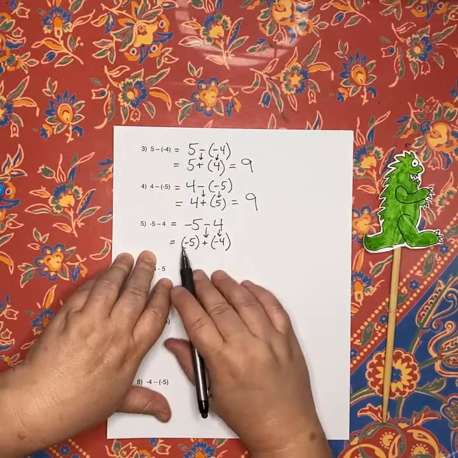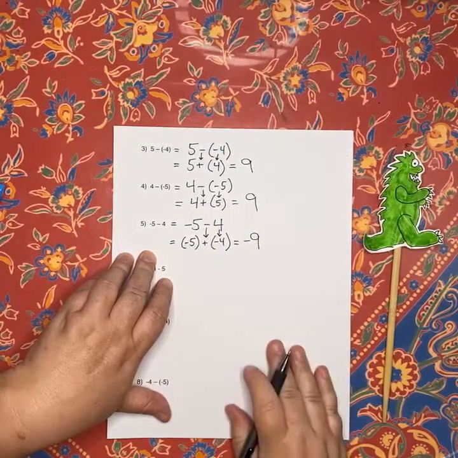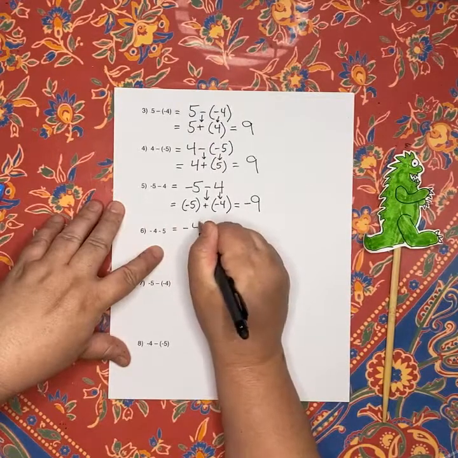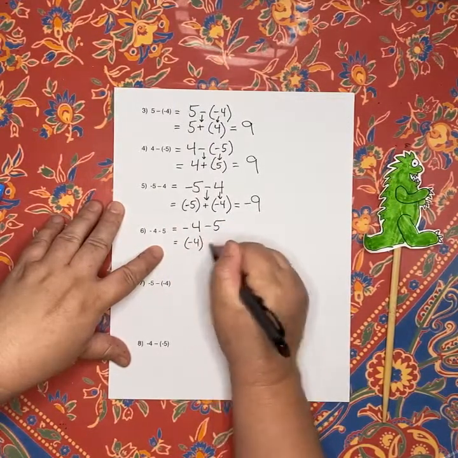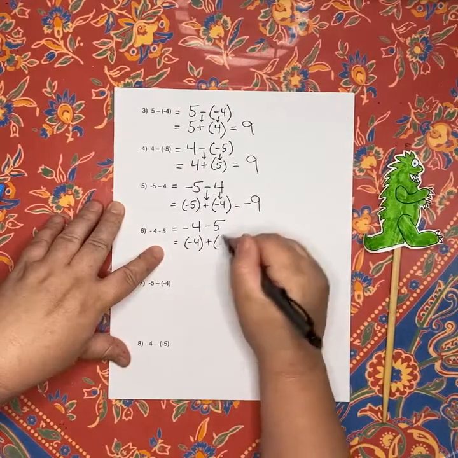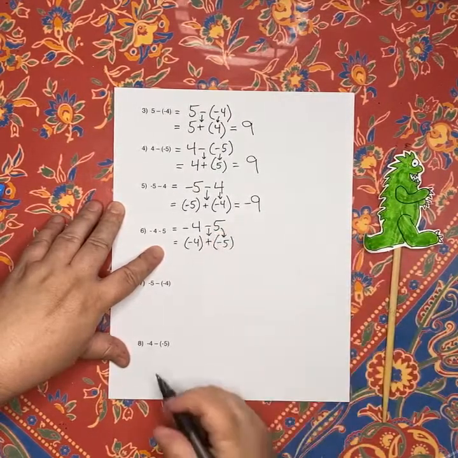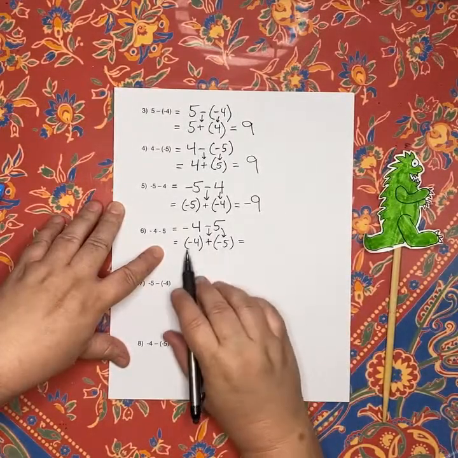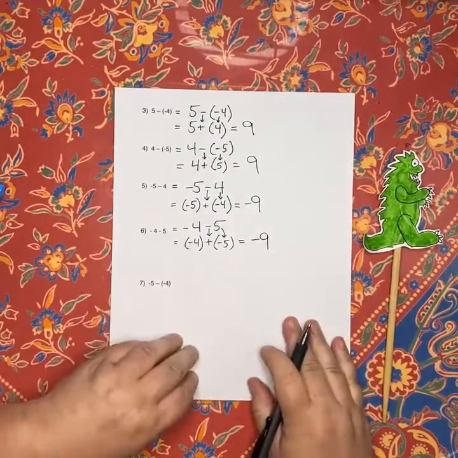They're like signs. It becomes -9. -4 minus 5. I leave the -4, I turn this to a plus, and the 5 becomes a -5. Same thing. -4 plus -5, they're both negative, so I add them together and I get -9.